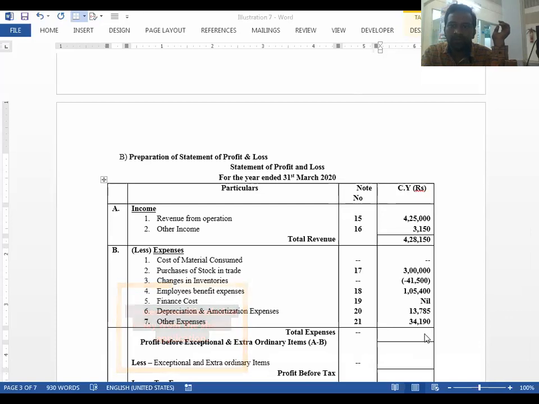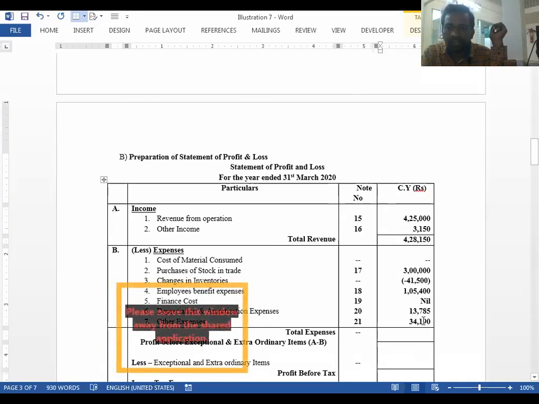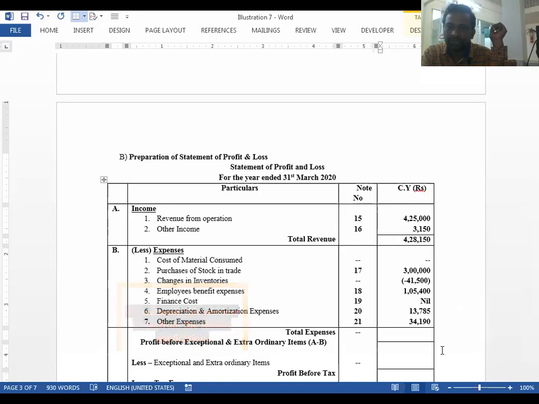And totaling total B: 3 lakh plus 1,05,400 plus 13,785 plus 34,190, and the minus figure of 41,500 should be deducted from this total. Don't add it to these figures.